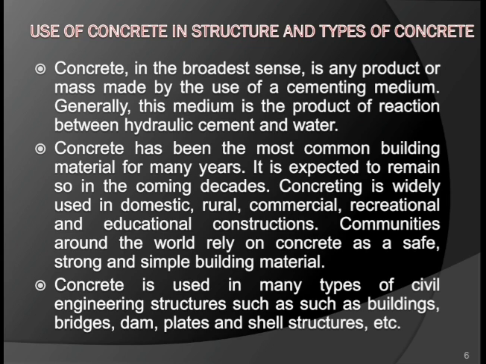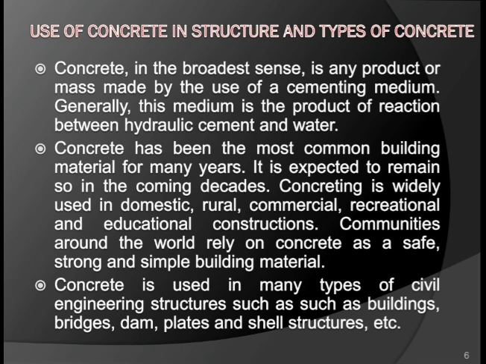The next topic is use of concrete in structures and types of concrete. As we have already discussed, concrete is used widely in civil engineering construction, in domestic, rural, commercial, recreational, educational construction. Communities around the world rely on concrete as a safe, strong, and simple building material.